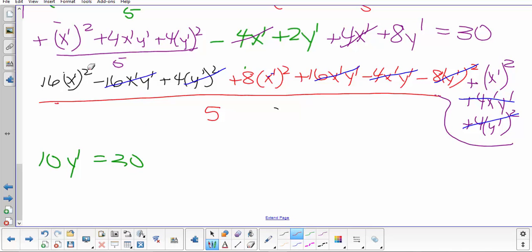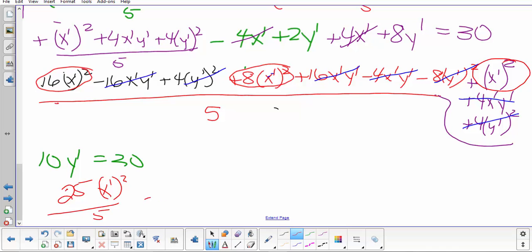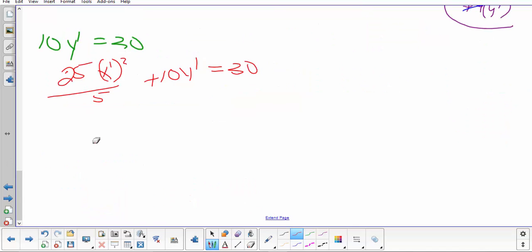So as I go through and finish combining like terms, I have 16x prime squared, 8x prime squared, and 1x prime squared. So that gives me 25x prime squared over 5 plus 10y prime equals 30. So, continuing to simplify, we get 5x prime squared plus 10y prime equals 30.